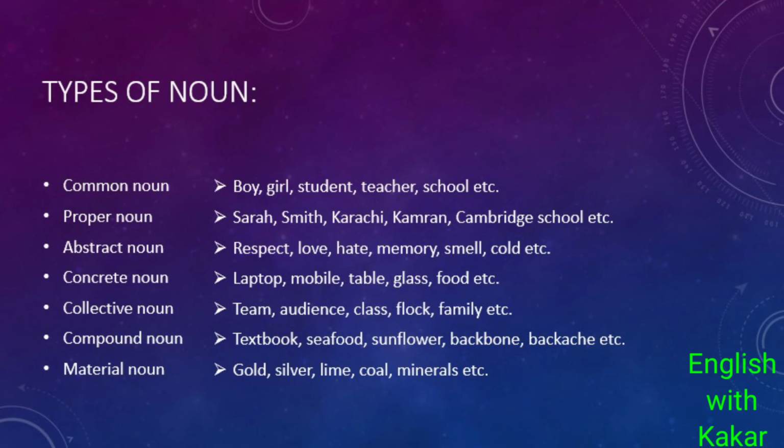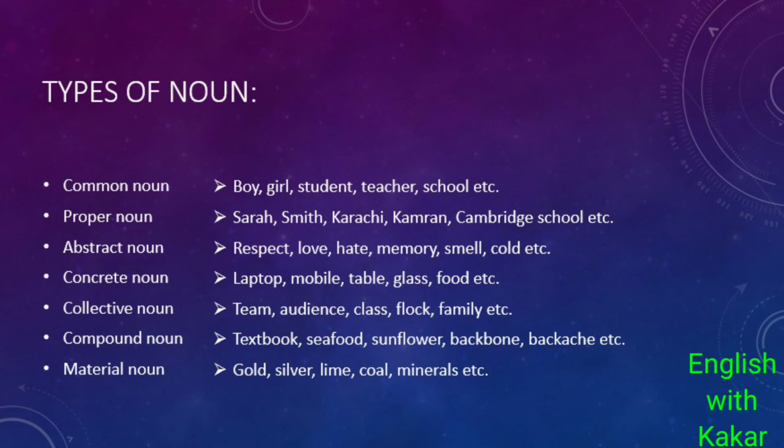Similarly, sea is a huge body of water. Food is something that we eat. But when we say seafood, this is now a new concept. This noun seafood is formed with the help of two different words. So these kinds of words are known as compound nouns.